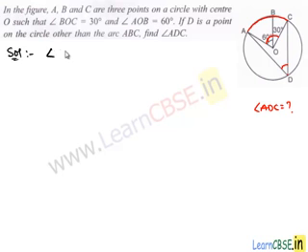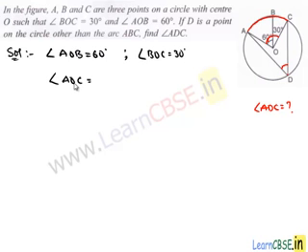Here we have angle AOB, which is 60 degrees, and angle BOC, which is 30 degrees. So by combining these two, we get angle AOC, the angle subtended by the arc at the center, and it is equal to the sum of 60 and 30, that is 90 degrees.